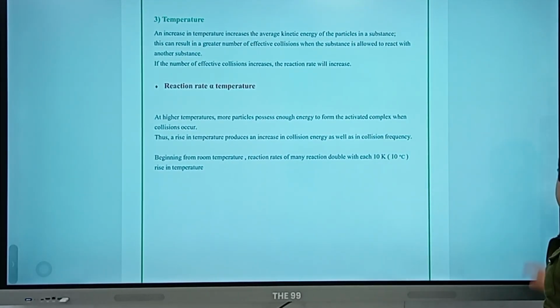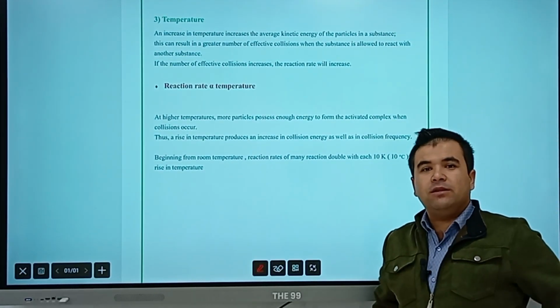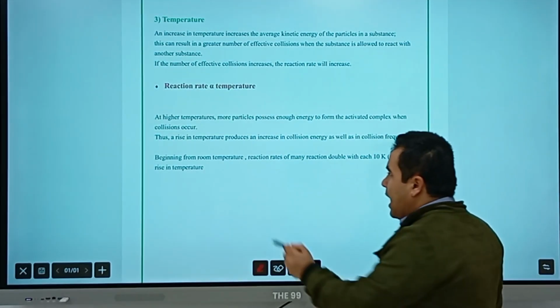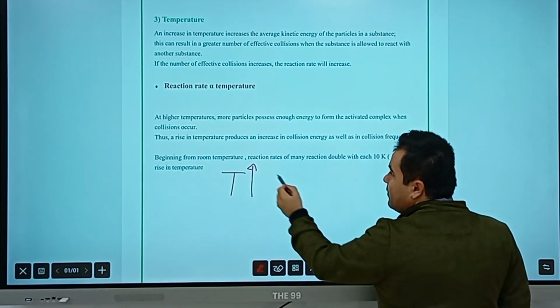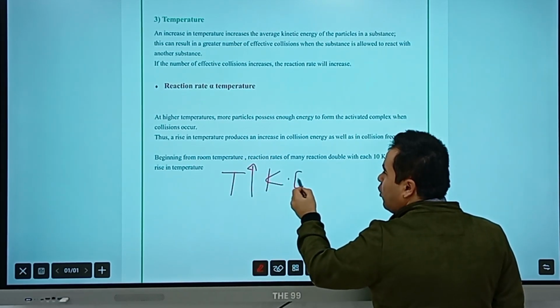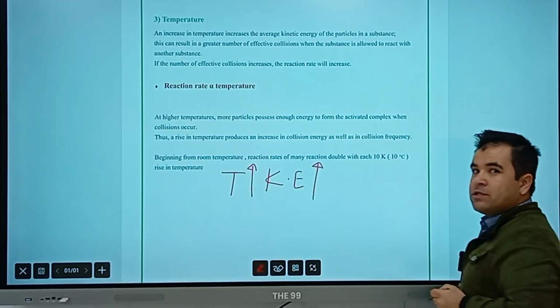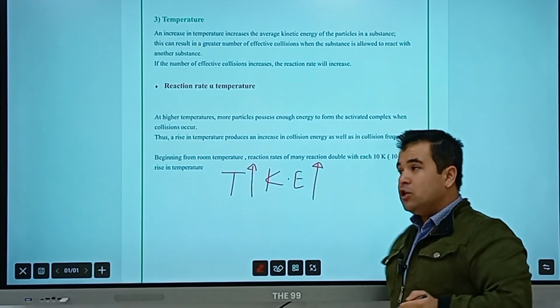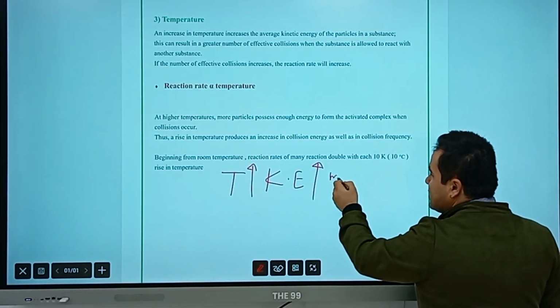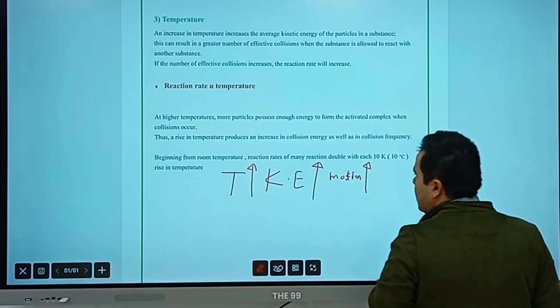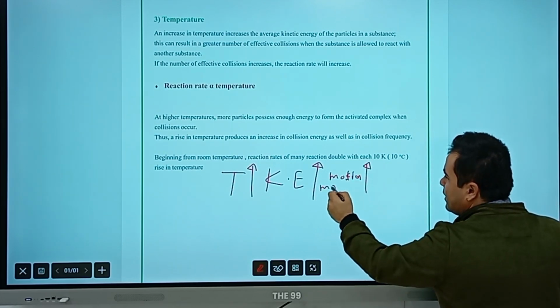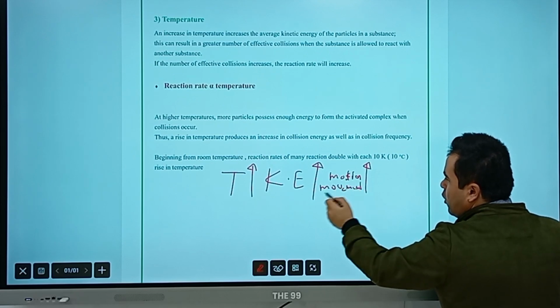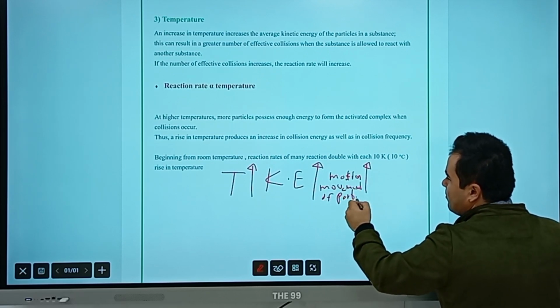The temperature, guys, the third factor influencing the rate of the reaction. As the temperature increases, that increases the kinetic energy of molecules. Increasing the kinetic energy of the molecules increases the motion of the particles, or we can say the movement of particles in the system.